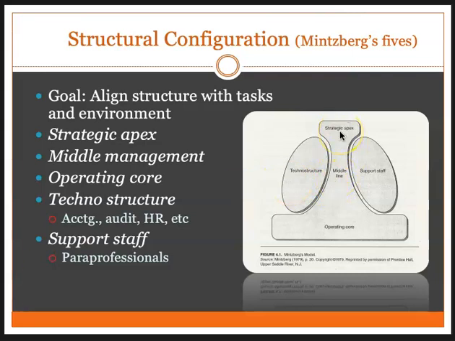And then the top of this vertical part of the diagram here is senior level leaders. It's called the strategic apex, but these are the people primarily responsible for determining structure, for paying attention to the external and internal environments that the sports team or the school or even, let's say, the shoe company exists.